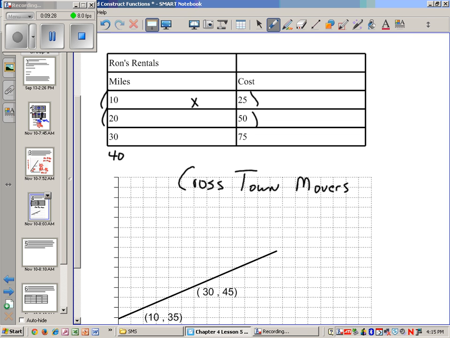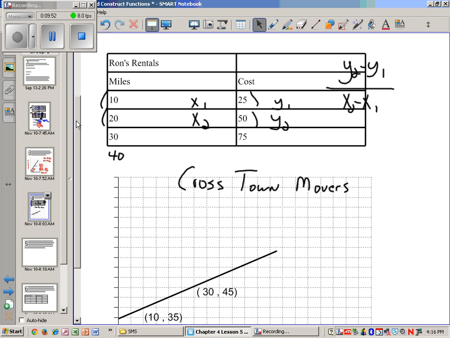So let's make these our x1, y1. Next one will be x2, y2. We have our slope formula once again, y2 minus y1 over x2 minus x1. Rewriting the formula every time you need it helps you remember it. Doing things over and over again will help you.